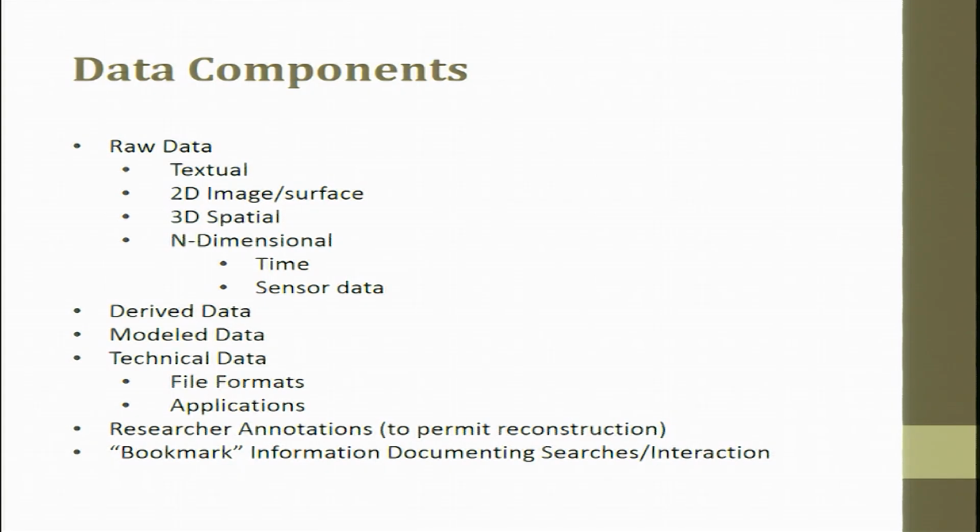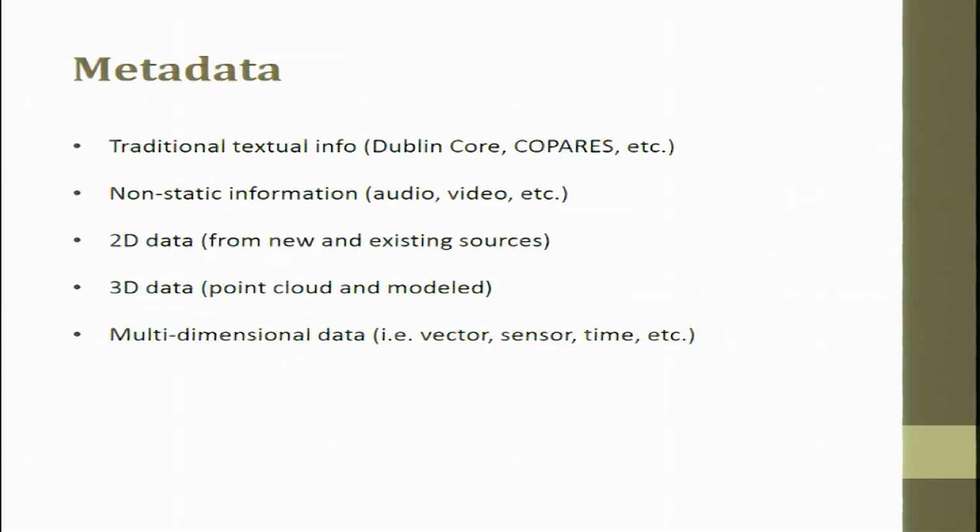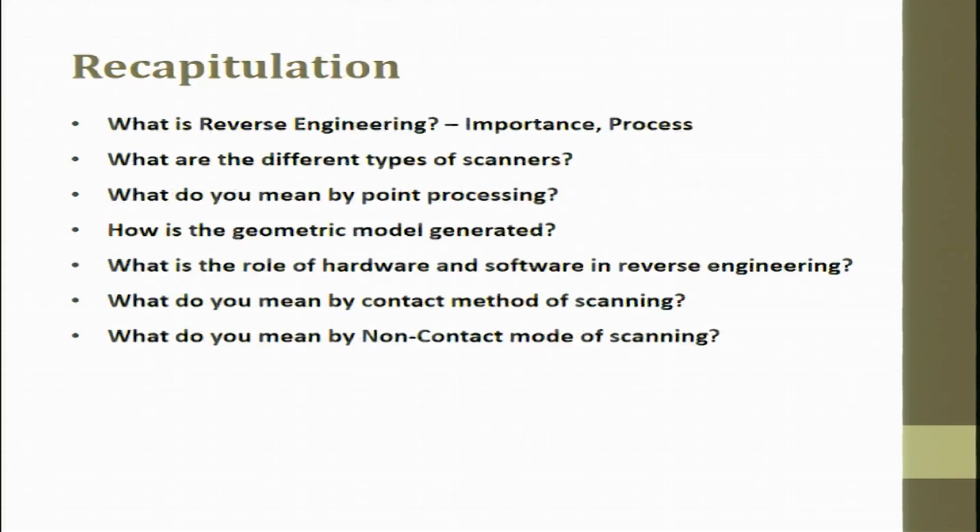You also have derived data, modeled data, technical data, and bookmark data. Some data are already available: traditional texture information, non-static information, 2D data, 3D data and multidimensional data. All these are available and used as part of reverse engineering.